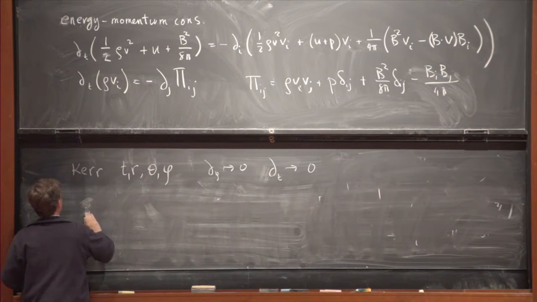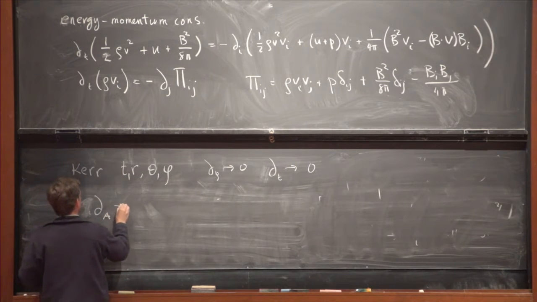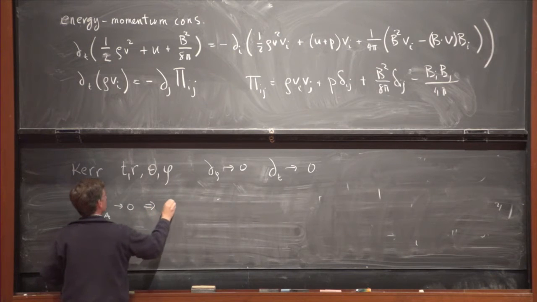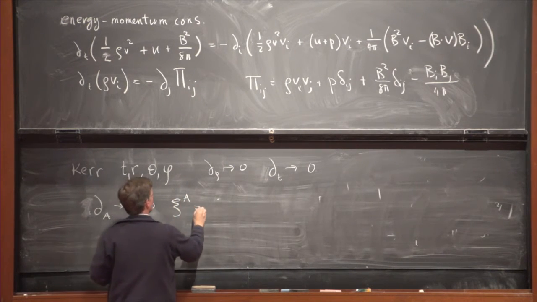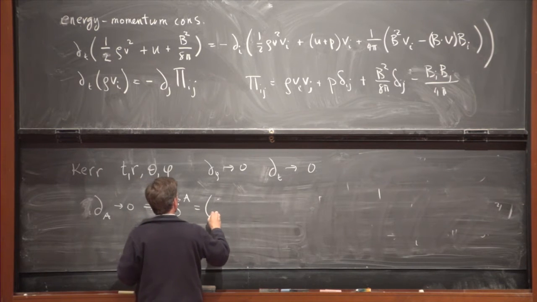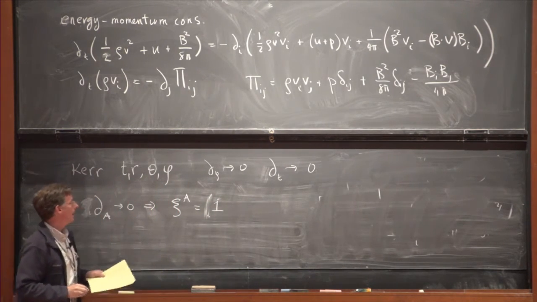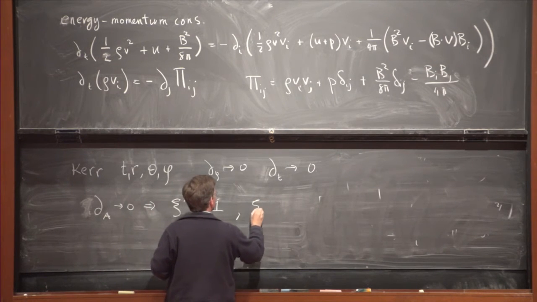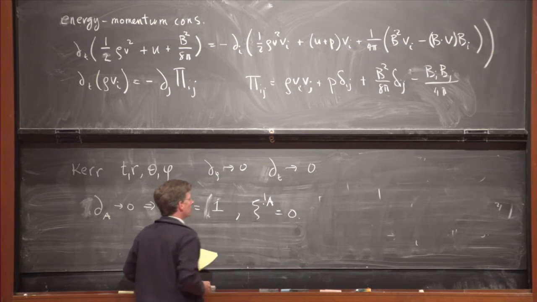So let me write it this way. Partial derivative with respect to some coordinate is 0, implies the existence of a Killing vector in which that component is, say, 1, and all other components of the vector are 0.